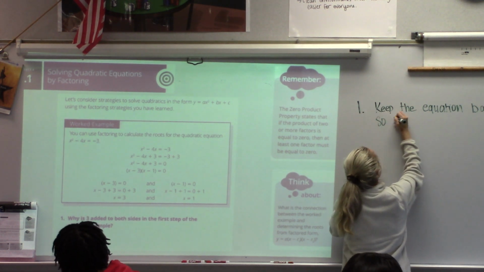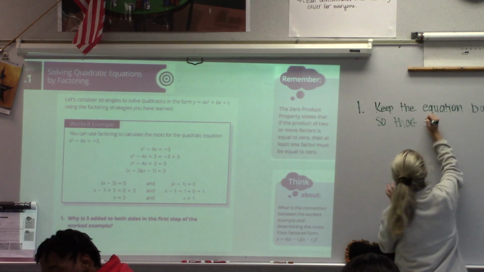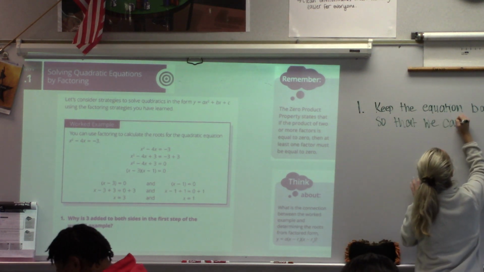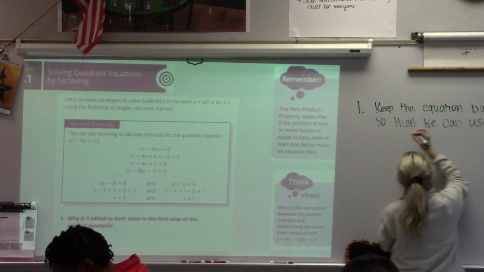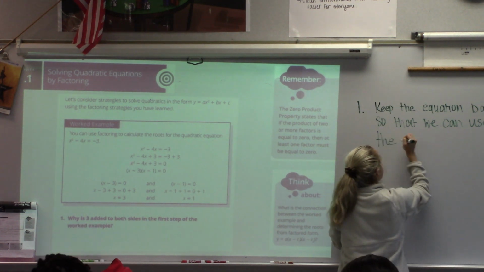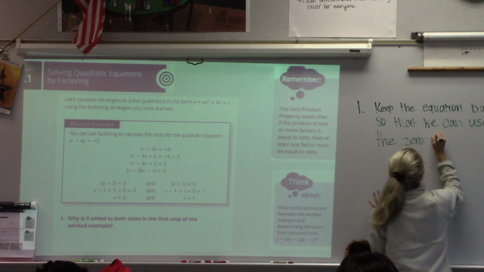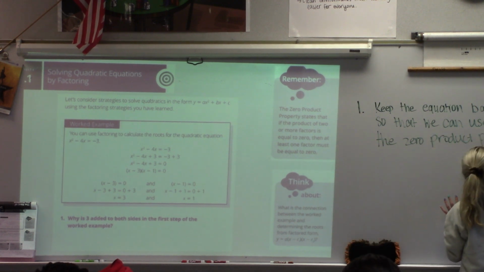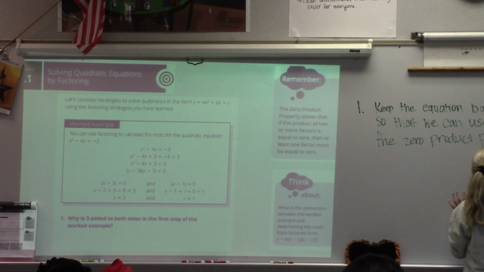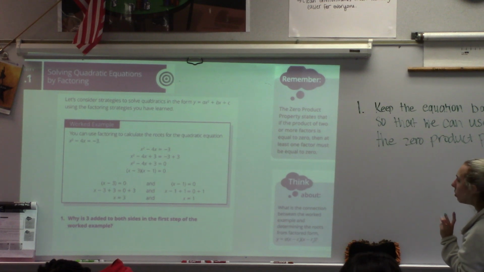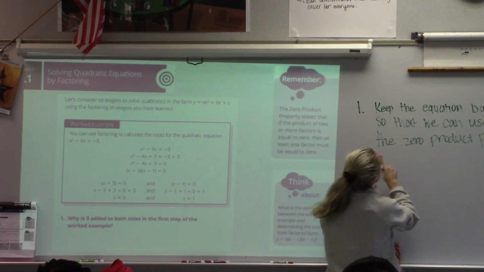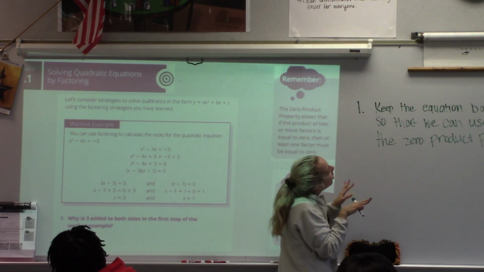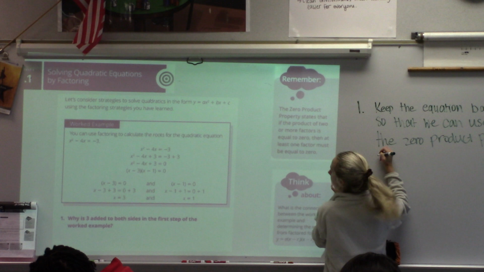So that we can use the zero product property to find zeros for the equation.